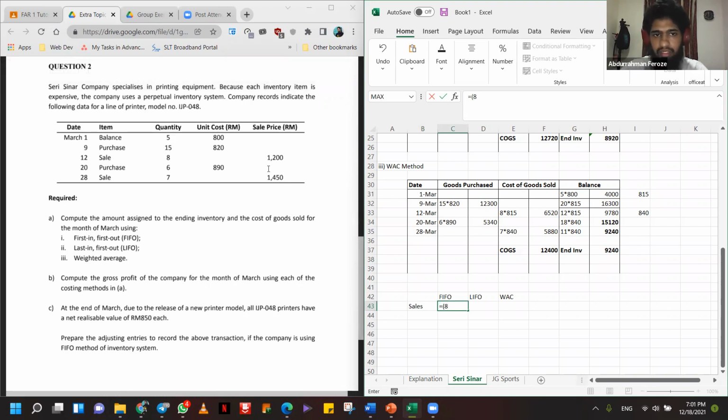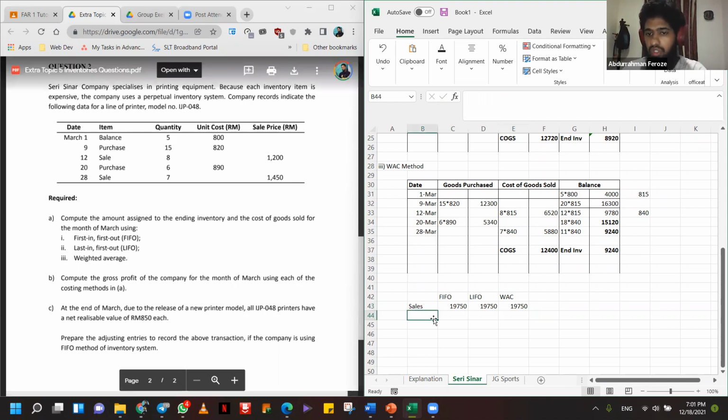So we have 8 into 1,200 plus 7 into 1,450. That is the sales for the month of March. The sales will remain the same for each method; there's no difference in the sales.